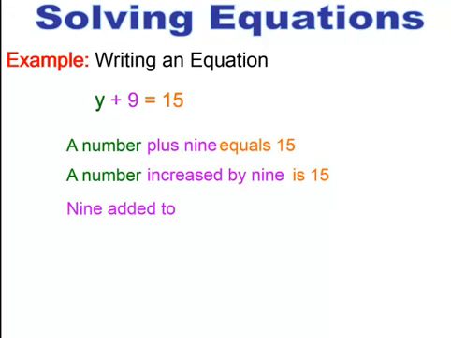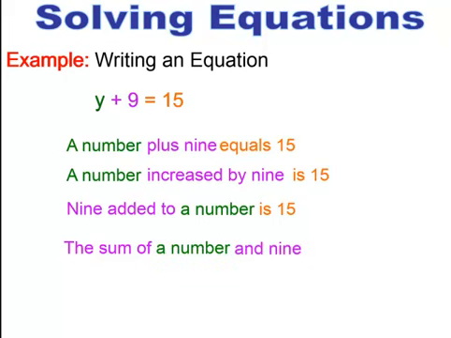Another way you might see this written in words is 9 added to a number. So I'm adding 9 to a number is 15. Next, you might see the word sum. So if you see the word sum, it means we're adding things together. So the sum of a number and 9, so that's my variable plus 9, is or results in 15.